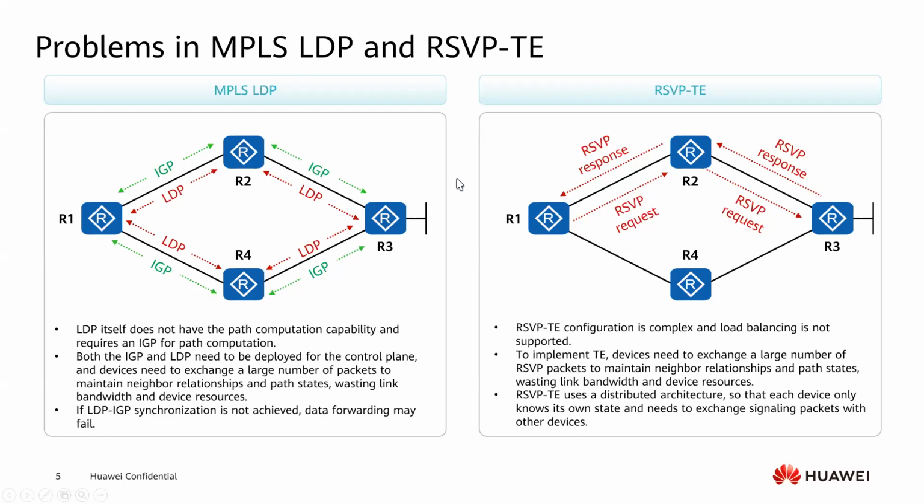LDP, we already mentioned before, had a problem. First, the LDP itself does not have path computation capability. So it only follows the IGP shortest path to do the forwarding. For most networks, it will be okay.